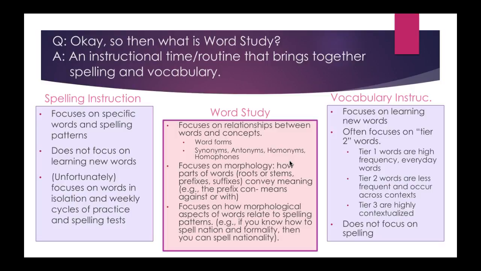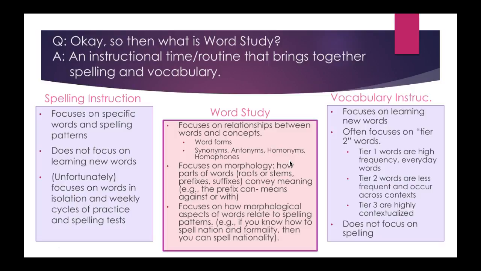So, and this is helpful too because the longer words and tier two words are less likely, particularly for beginning readers, to just be recognized automatically. So the whole idea with word study is that it focuses on the relationships between words and concepts, as well as on morphology.